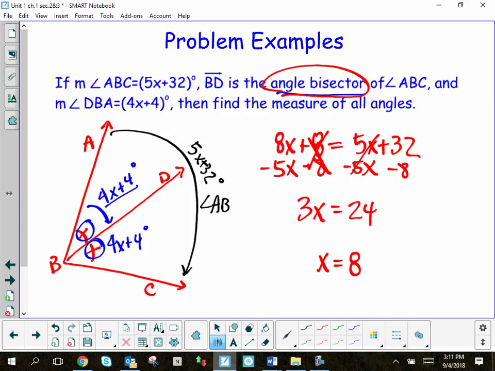Angle ABC, 8 times 5 is 40. What's 40 plus 32? 72 degrees. So if that angle is 72, what is each little one, which happen to be equal? What's 72 divided by 2? 36. So this angle is 36, and this angle is 36. And that is it.